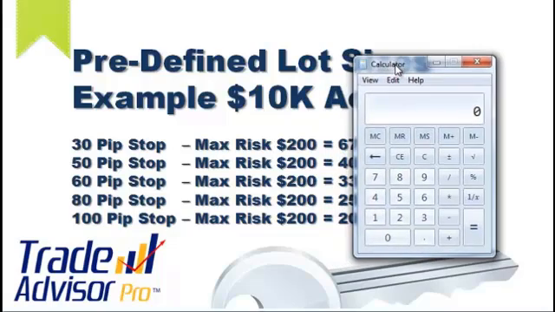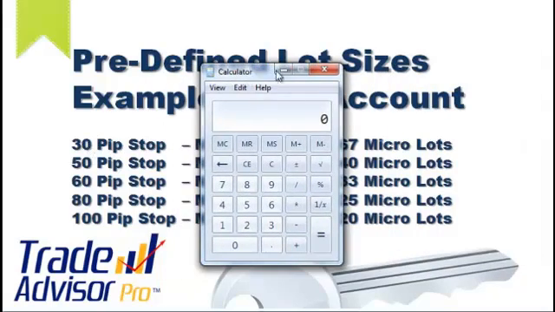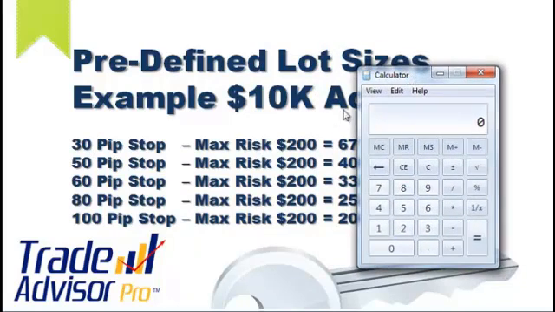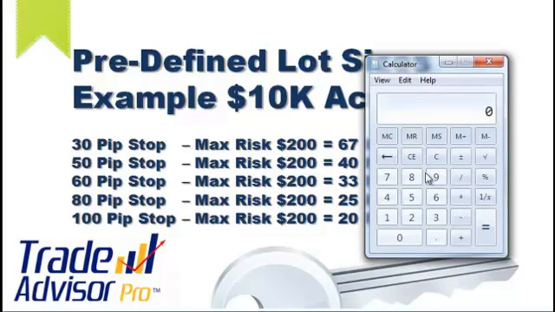So let's say you take a trade and it has a 30 pip stop loss. You already know your max risk is $200. It could be more or less depending on your account, but this is just for examples. So we're going to take $200, divide it by 30, which equals 6.66.